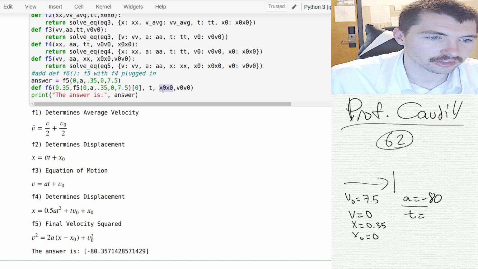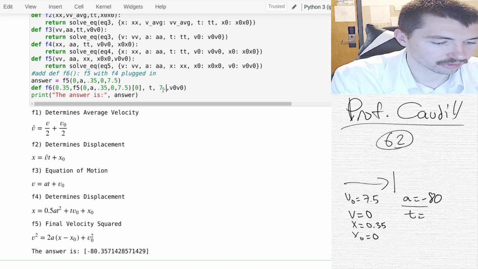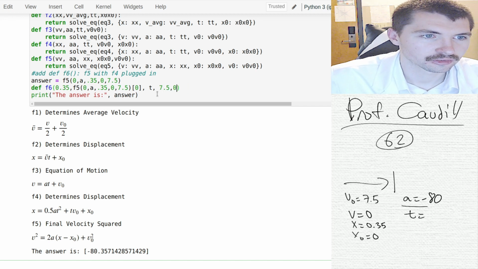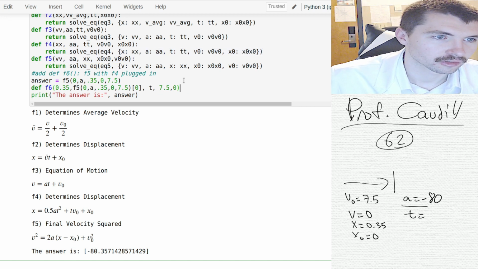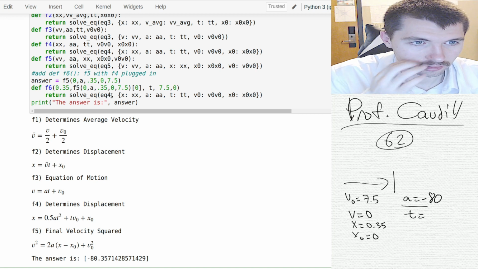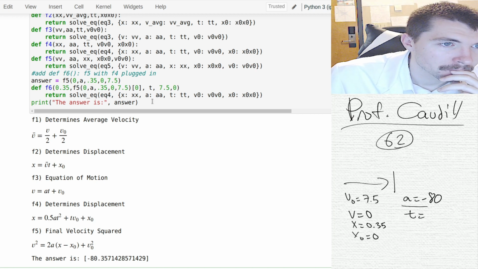V naught is 7.5 and then 0. So we're plugging it into equation 4.